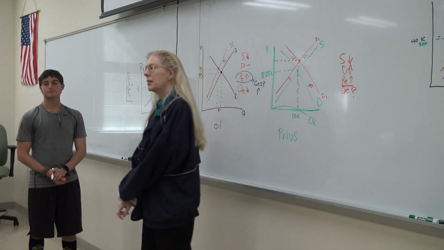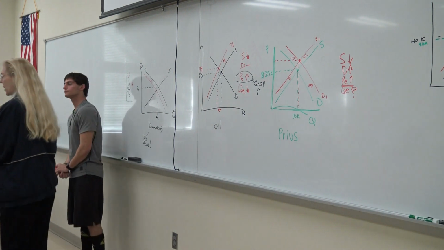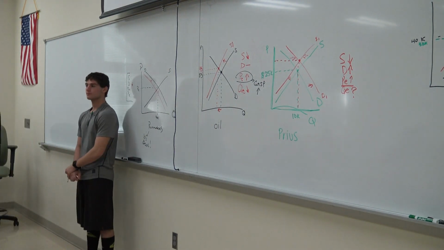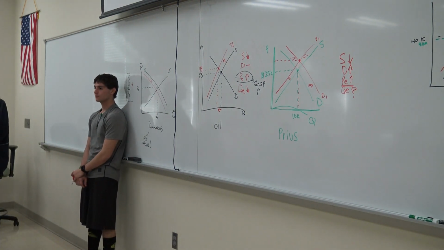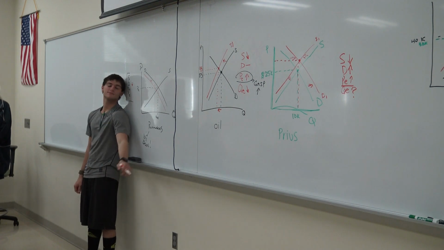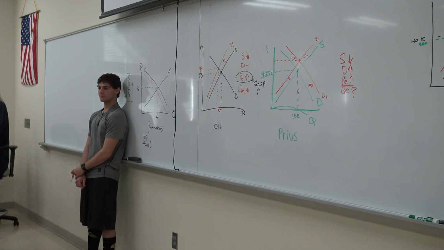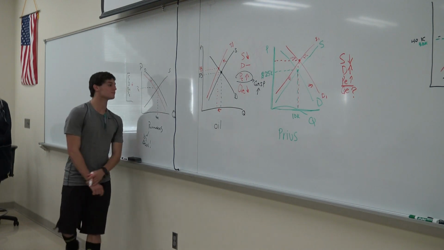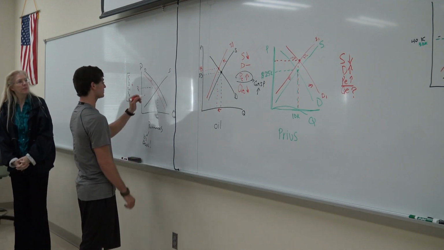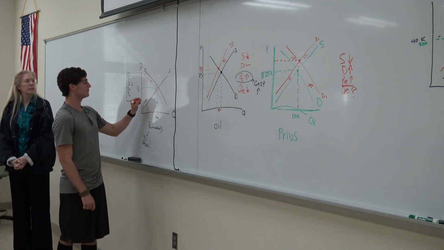Supply. What are they going to naturally do if they find this statistic in this particular device? They're going to recall that supply that's already out there, right? So what's going to happen to our supply? Shift left. Very good.